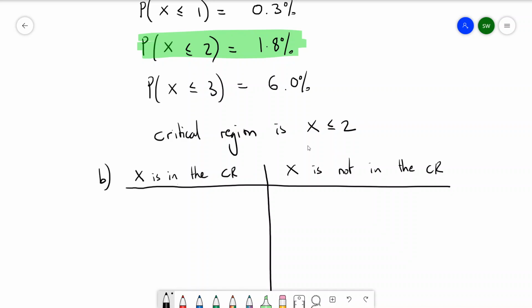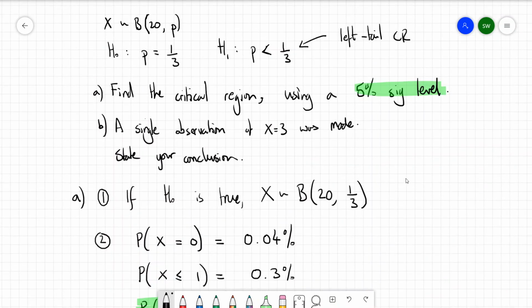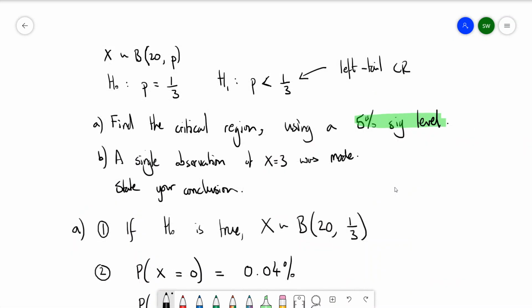If X is in the critical region, then we're going to do what's called reject H0. So what we mean by reject H0 is if we're in the critical region, we're going to say we don't think the probability is equal to a third, we actually think the probability is less than a third. So reject H0 literally means we're going to say H0 is not true and we think H1 is true.